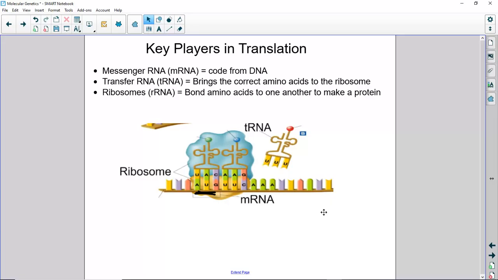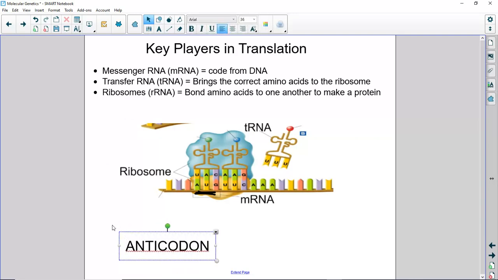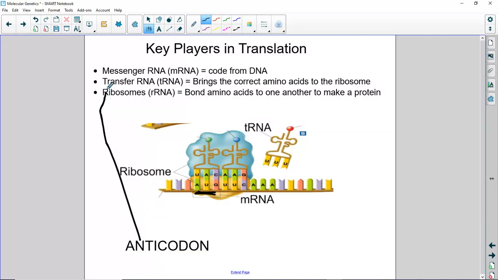Messenger RNA is the codon, the transfer RNA is the anticodon. So let's make sure we get that word in here. Anticodon, and that is your transfer RNA. It's important to know because those are the terms that are used.